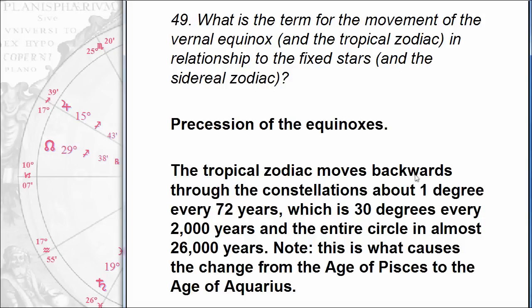And the tropical zodiac happens to be moving backwards through the constellations, as I said, 1 degree every 72 years, which is 30 degrees every little more than 2,000 years, and that's what causes the ages. The age of Aquarius, harmony and understanding.